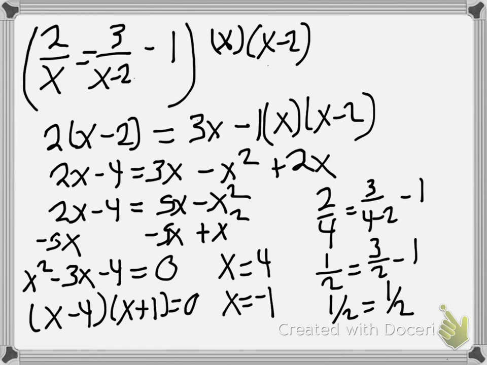Now if I plug in negative 1, 2 divided by negative 1 is negative 2. And I get 3 over negative 1 minus 2 minus 1. So I get negative 2 equals, what is 3 divided by negative 3?